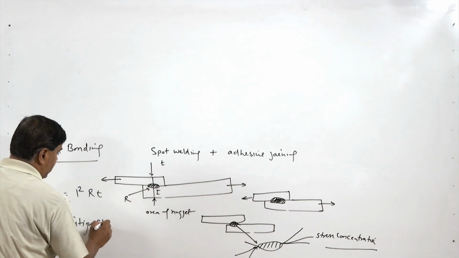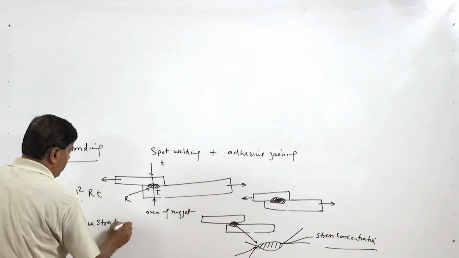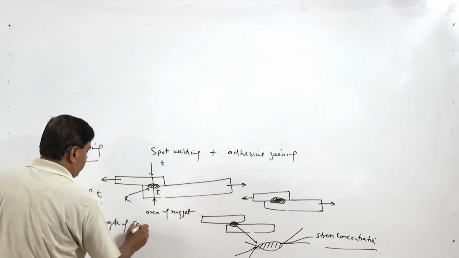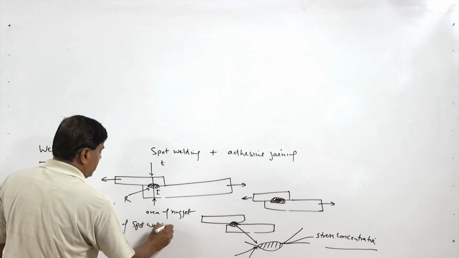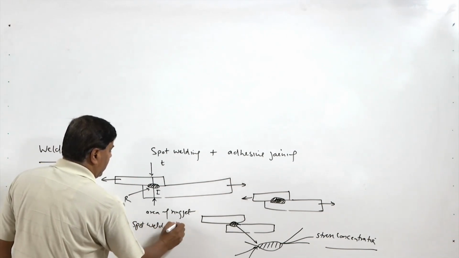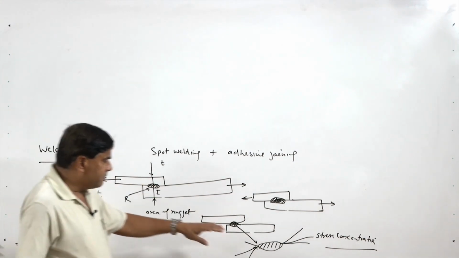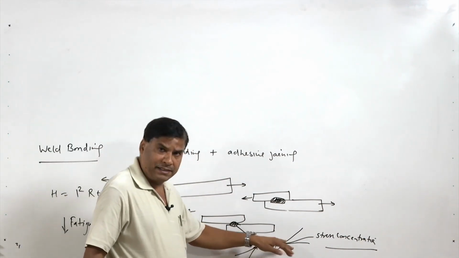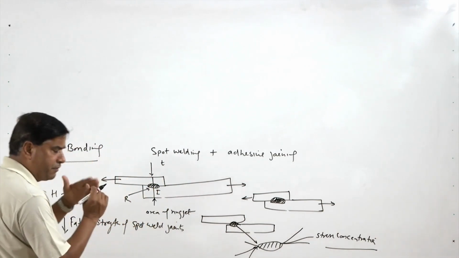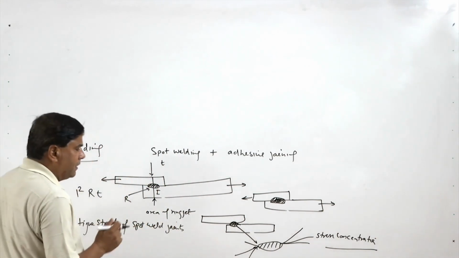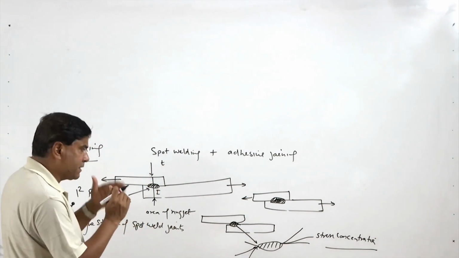Fatigue strength of spot weld joints is found to be very low. Why? Because of the high stress concentration that exists at the faying surfaces, at the joint level where the two plates meet each other.